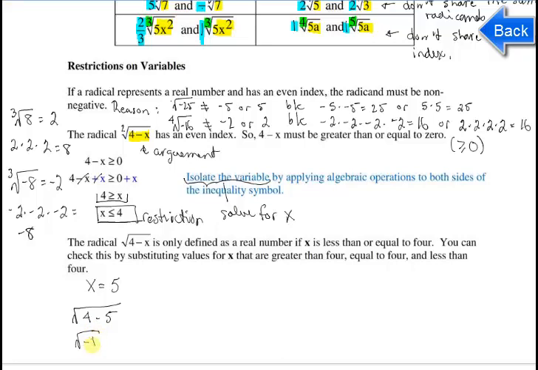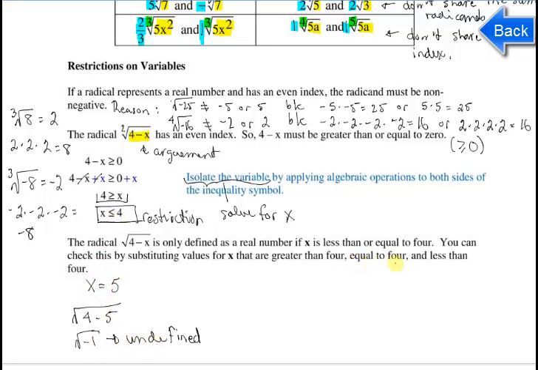So can we take the square root of negative 1? Well, try that out on your calculator, and you will find that you can't, right? And so this expression is undefined. Okay, so it looks like if x is a number which is greater than 4, we're going to get an expression which is undefined.